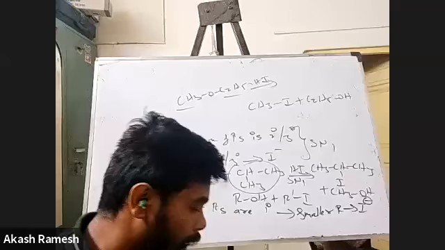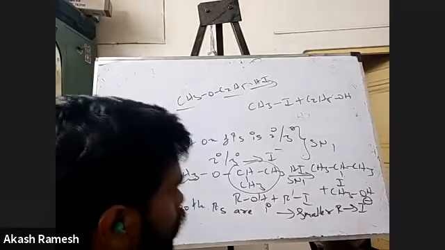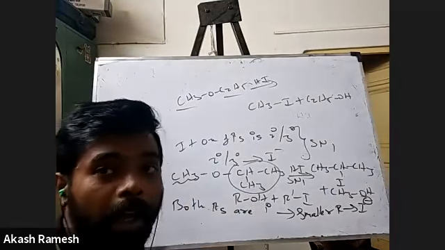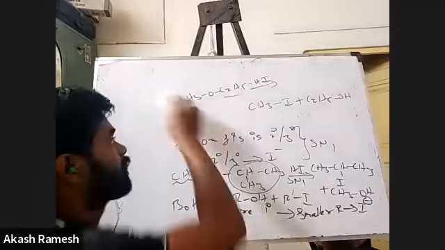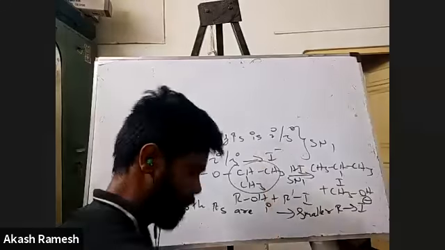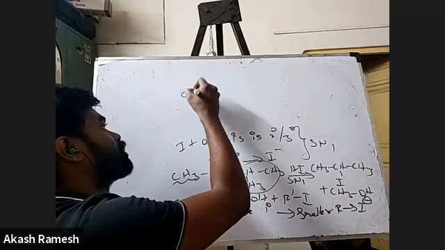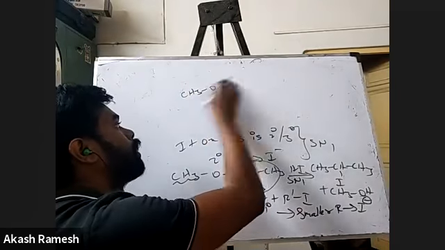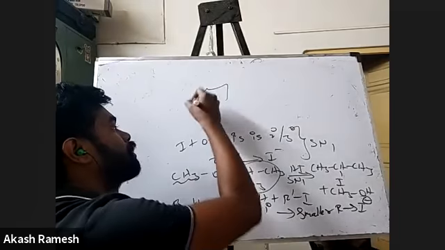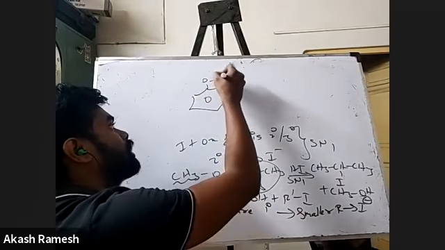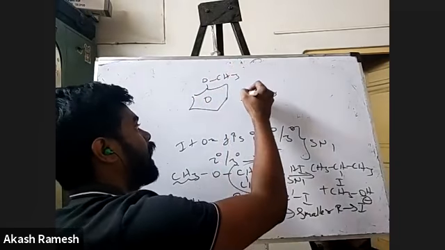Now there'll be a small deviation from this if one of the alkyl groups is an aryl group. For example, say I had Ph-OCH3 and I go for HI.